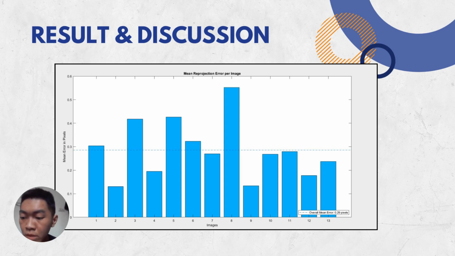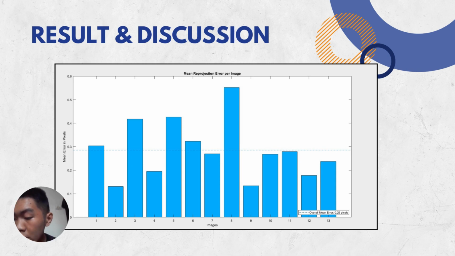The first one, the mean error is 0.3, second is 0.13, the third 0.42, the fourth is 0.2, the fifth is 0.43, followed by 0.32, 0.27, and we came to the highest at the eighth picture, which is 0.55. Then 0.13, 0.27, 0.28, 0.18, and the last one 0.24.